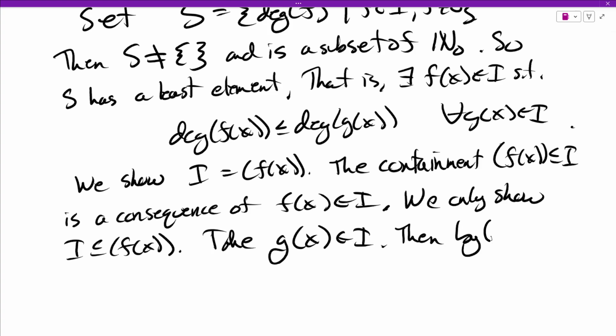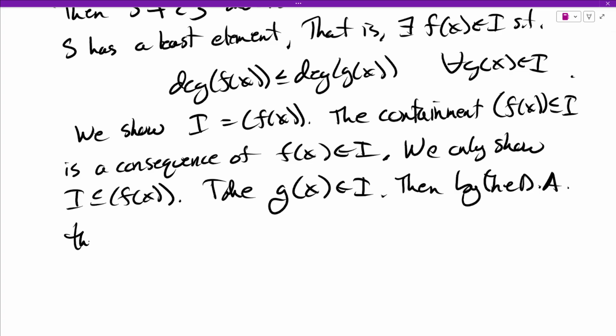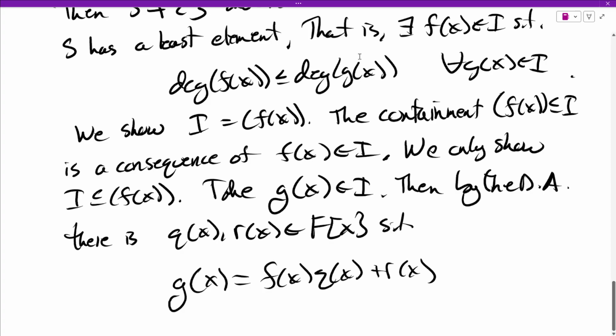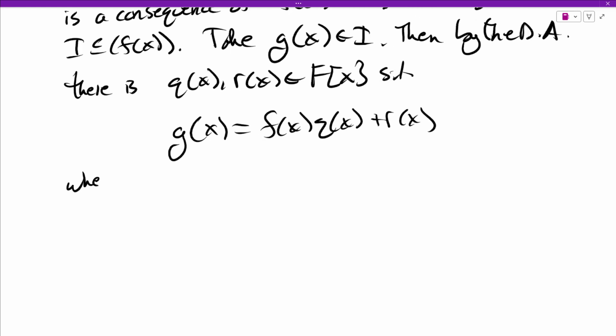Then by the division algorithm, there are q of x and r of x in F adjoin x such that when we divide g by f, we have the quotient q and the remainder r, where the degree of r is strictly less than the degree of f.